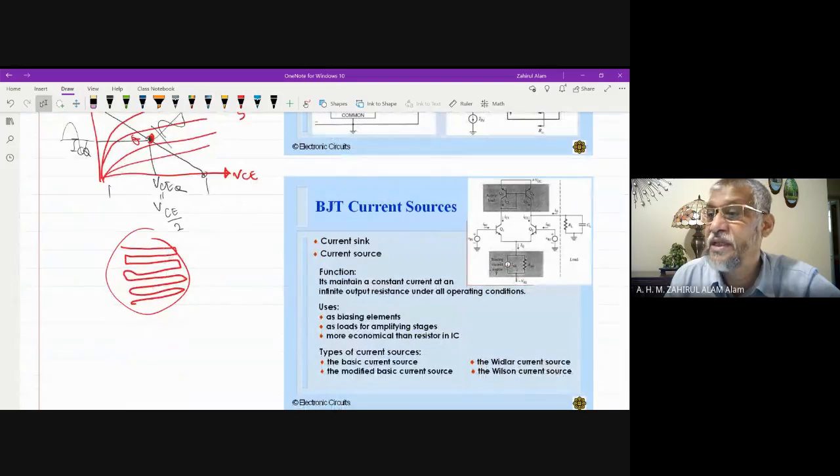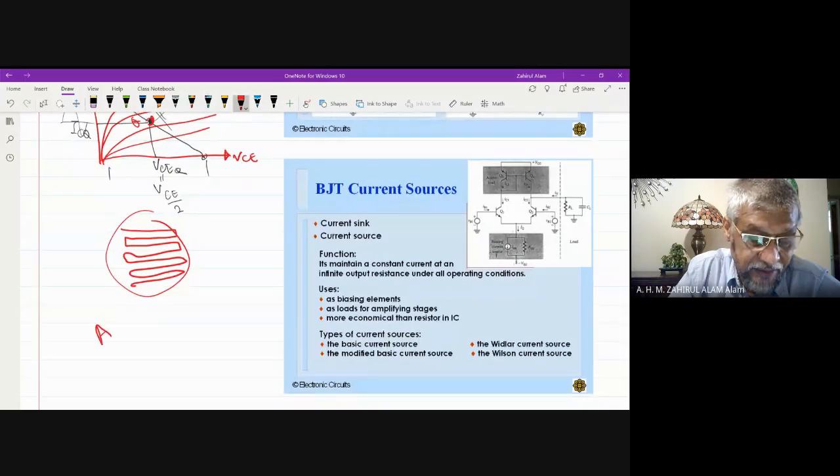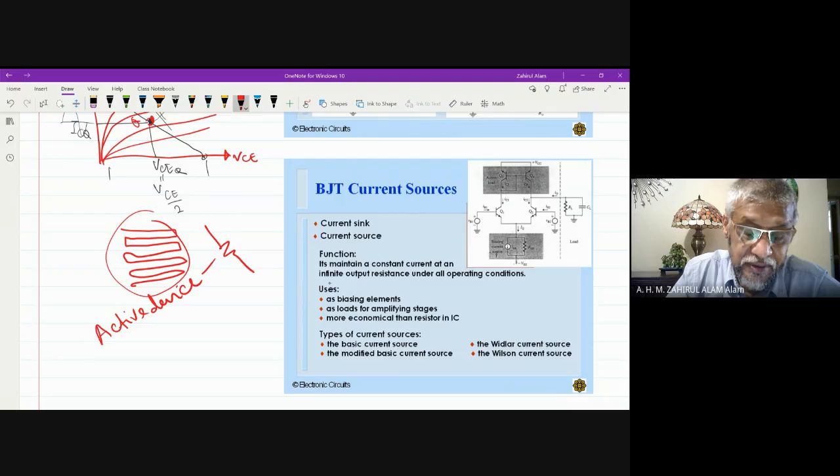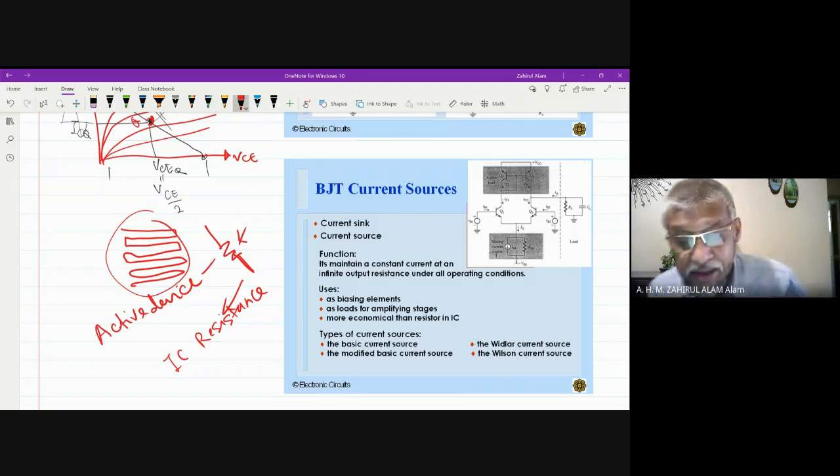So we need to use an active device to convert this resistance to an IC resistance. This is our target.